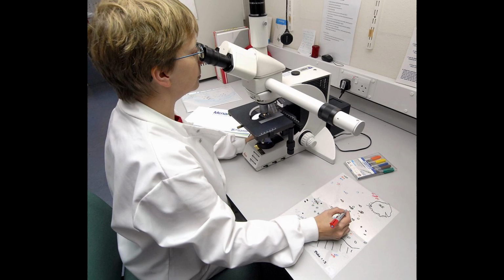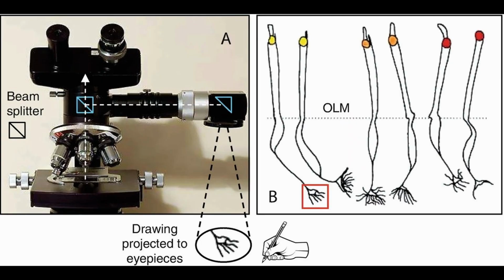So this attachment projects an image of your hand and the pencil into the microscope, so you can kind of just trace the specimen while you are seeing it. And this way you can get very accurate drawings. You can even draw live specimens if you want, if they do not move quickly.